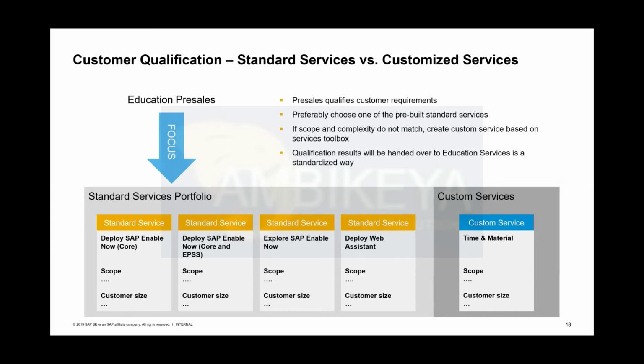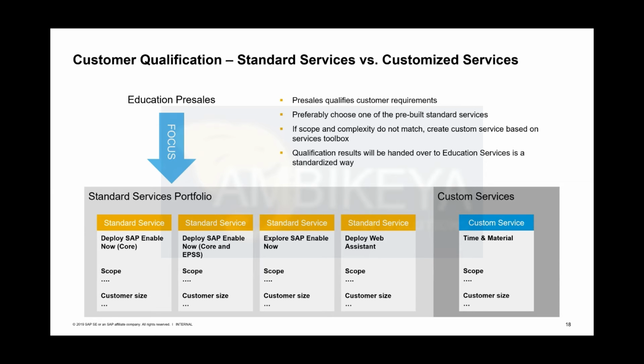So pre-sales, that's what this slide says. Let's see. I believe this is depending on the region. We'll qualify the customer's requirements beforehand, preferably choose one of the pre-built standard services from the package, one of the 4 or 8 if we compare on-prem and cloud.